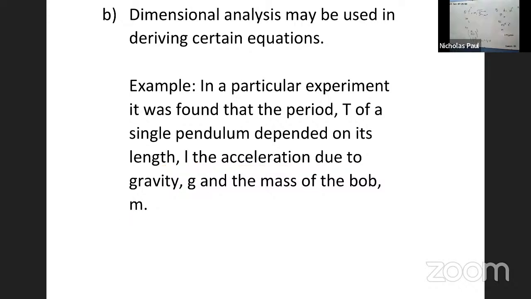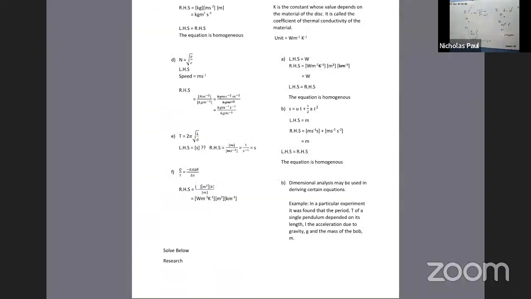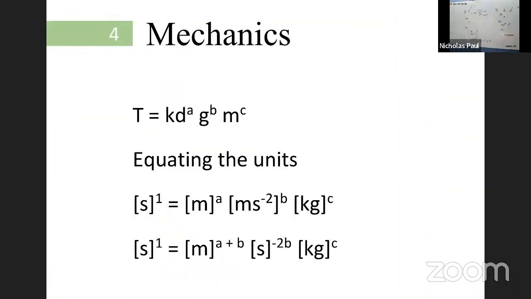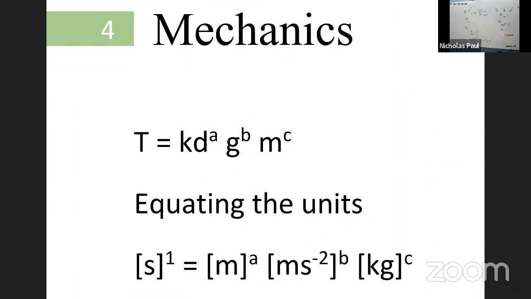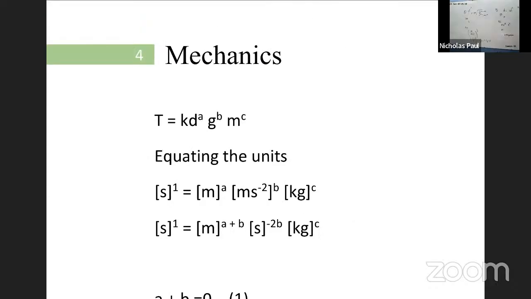What we're going to do is try to create the formula by starting right here. We're going to say that period, which is in seconds, is equal to d, which is length, by gravity, by mass. But we don't know the values for A, B, and C.